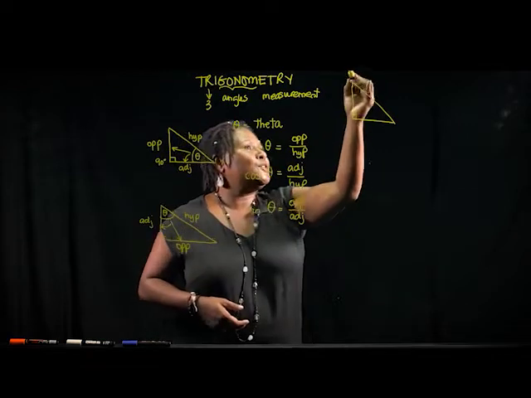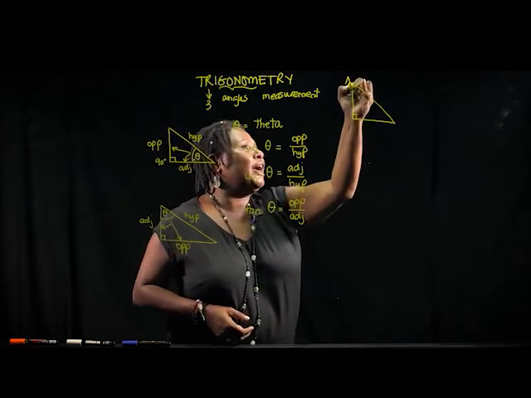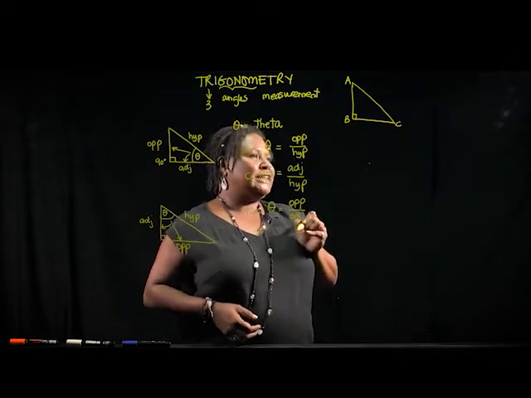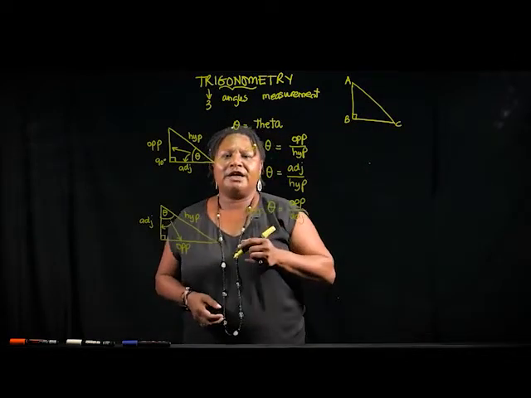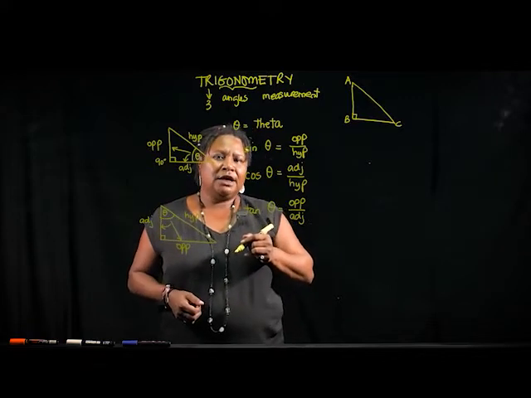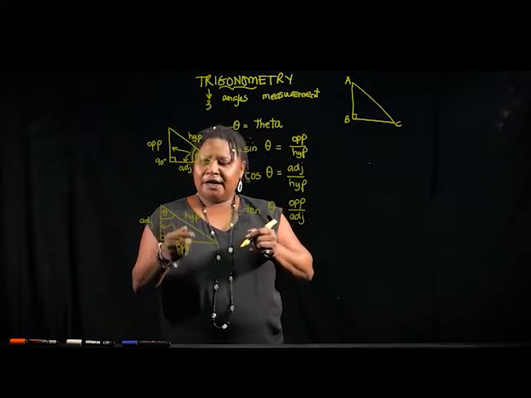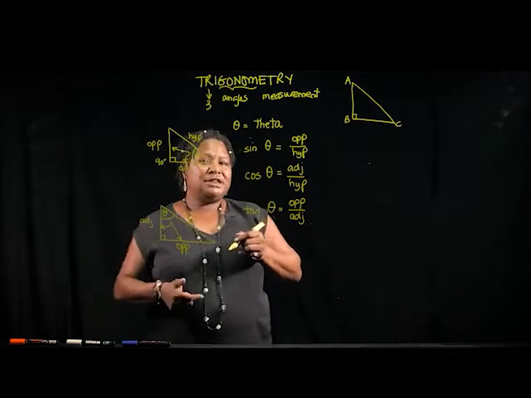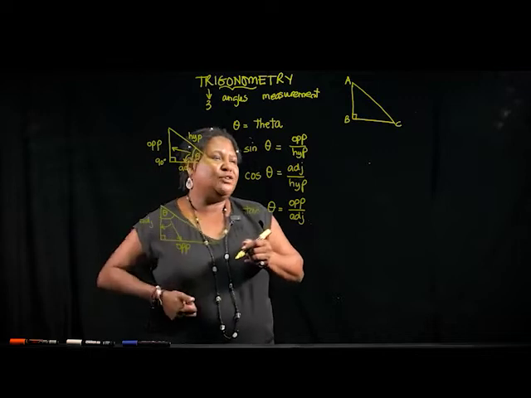So this triangle is named A, B, and C. Triangle ABC. Now, how do we identify adjacent and opposite? Very similar to what we've seen already.